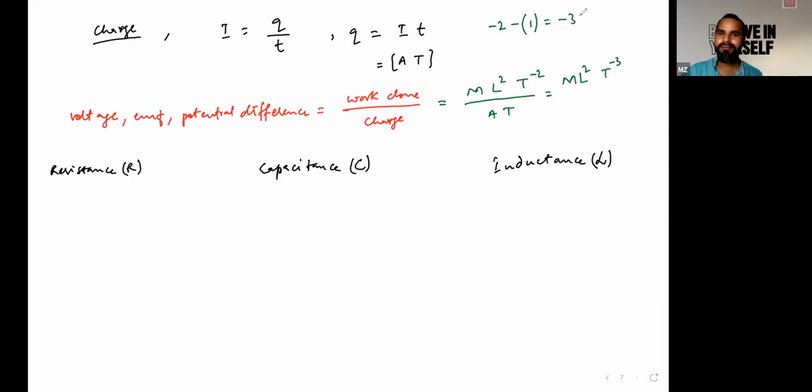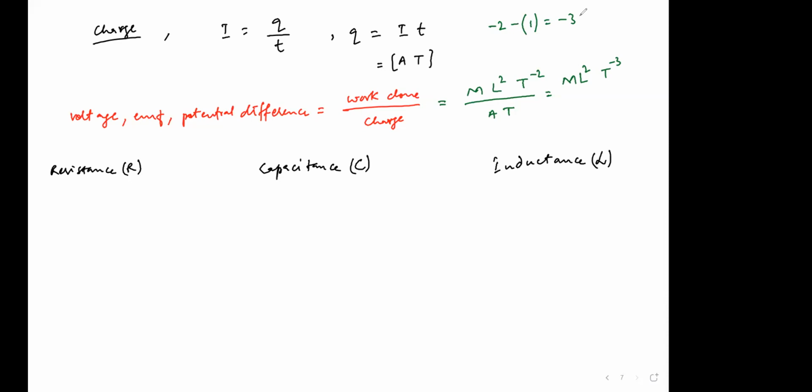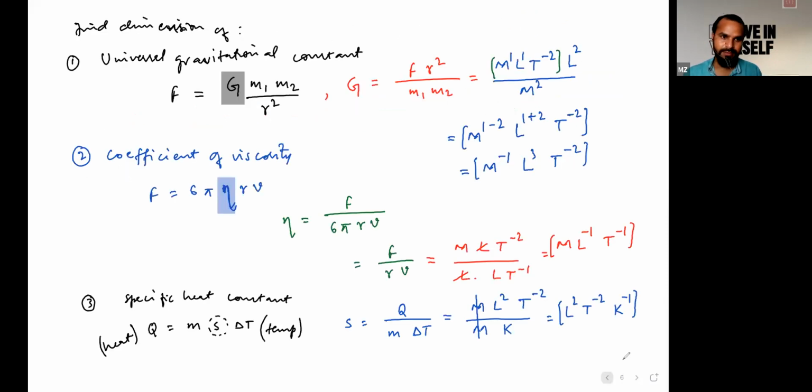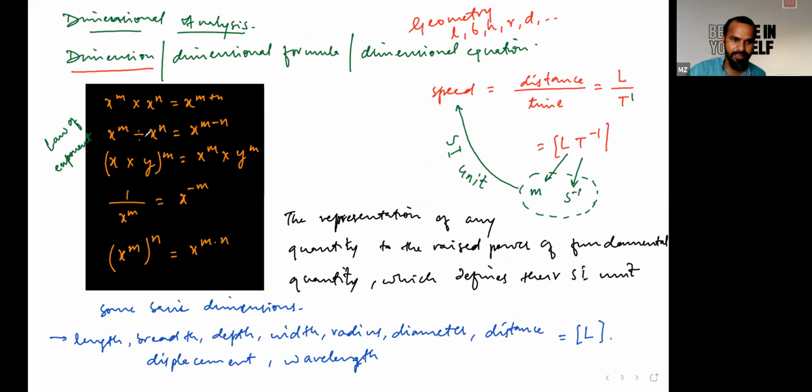No. The rule says whenever two quantities are in division form, just subtract the exponents. If x raised to the power m is divided by x raised to the power n, the exponents get subtracted.